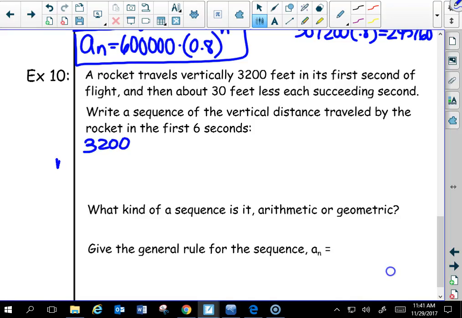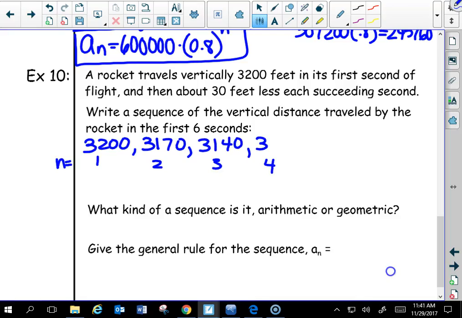So that means n equals 1 here. And then it's going to go down. So the second term is going to be 3,200 down by 30 feet. And that gives 3,170.